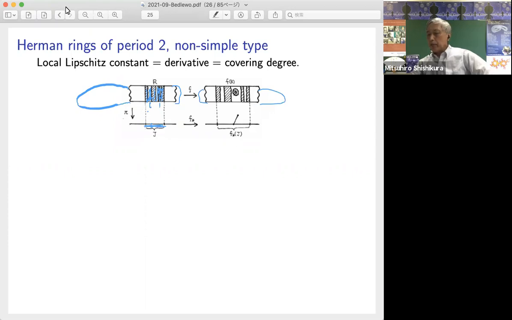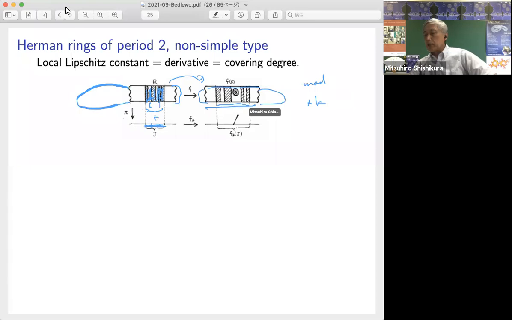And if F maps this to the image, and the covering, well, for most of these annuli, the mapping is covering. And if the mapping is a covering of the same degree k, then for each annulus, the modulus is multiplied by k. So everything in here will be multiplied by k.